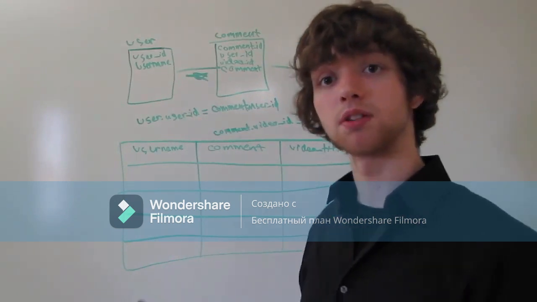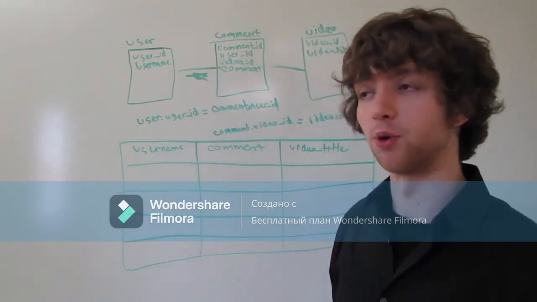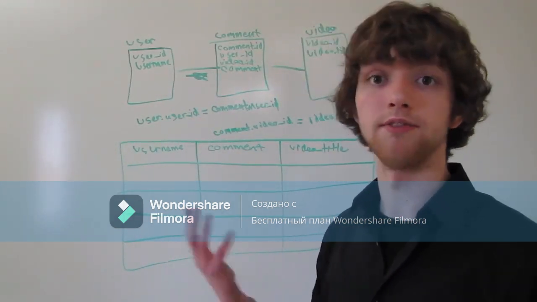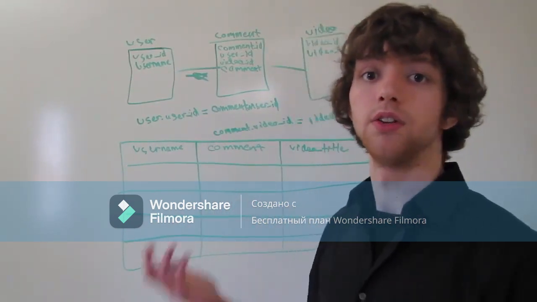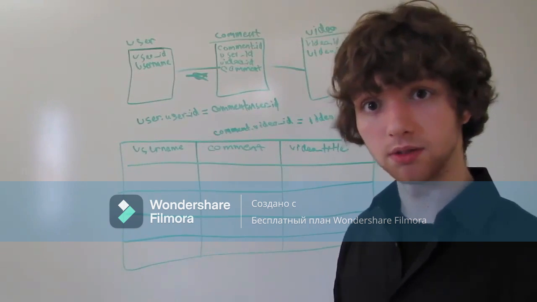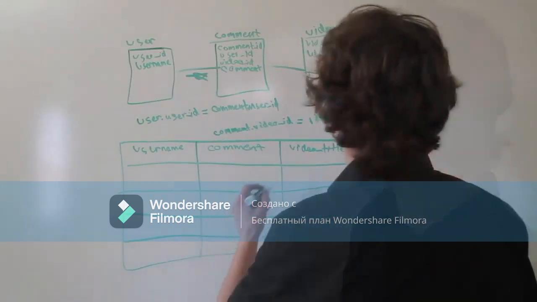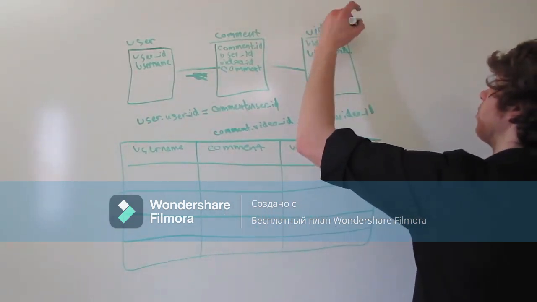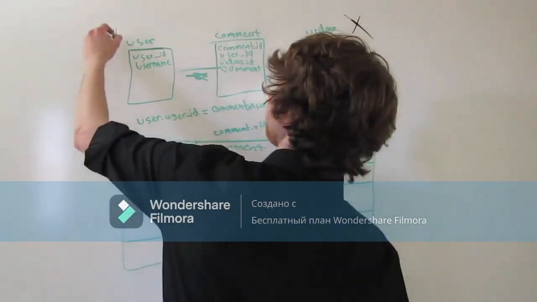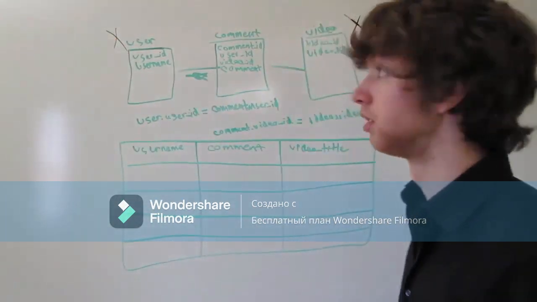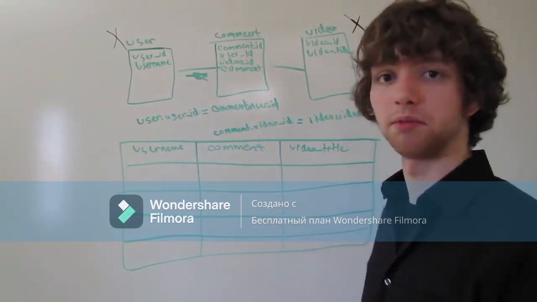Will videos be excluded? Well, since it's an inner join, we're not going to include any videos that do not have a comment from a user. So yes, videos can be excluded. They likely will. So for videos, we're just going to put an X to say that it can be excluded. Users can be excluded.